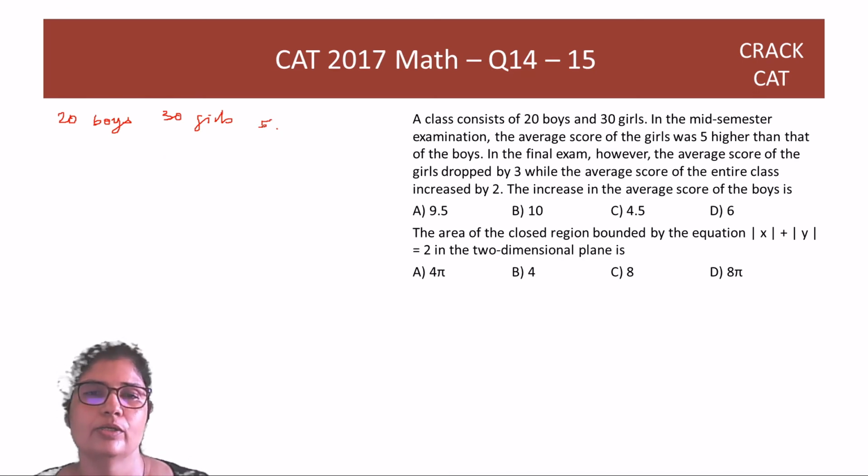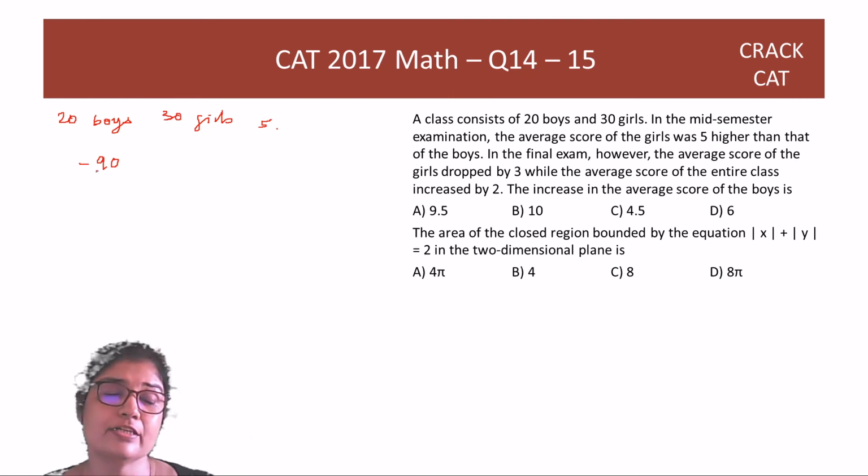So this went down by 3, that means overall, the overall sum guys, see, the average of 30 girls has reduced by 3, so the overall score has reduced by 90. Overall score has reduced by 90, but the average score has actually increased by 2 for the full class, which means the actual sum has increased by 100.